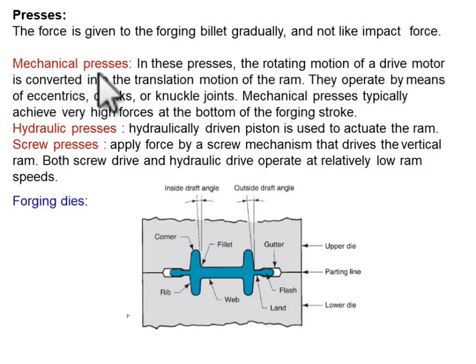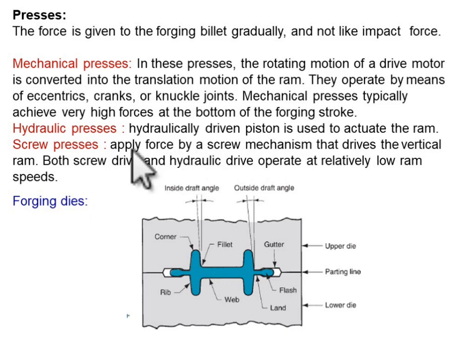So presses are of basically three types: mechanical presses, hydraulic presses, and screw presses. So we all know mechanical presses, how it works. They operate by means of eccentrics, cranks, or knuckle joints. And now hydraulic presses are basically run with the help of hydraulic arrangement. And the screw presses, it is basically a screw mechanism.